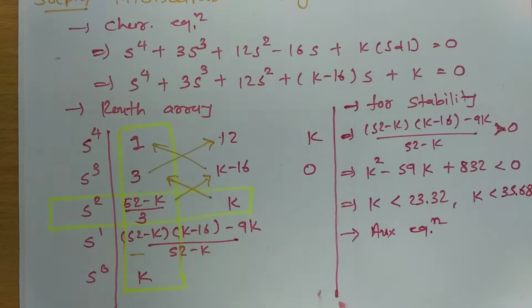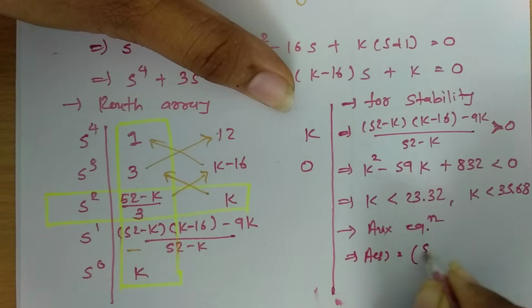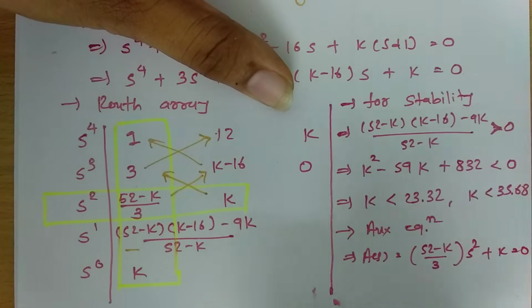So the auxiliary equation is (52 minus k) divided by 3 into s square plus k equals 0.